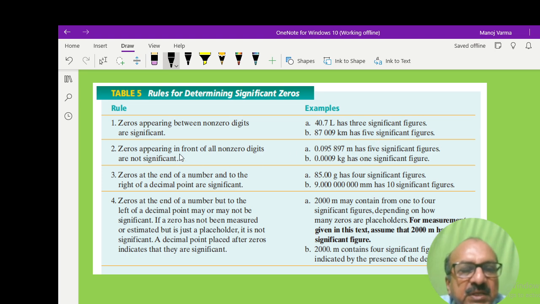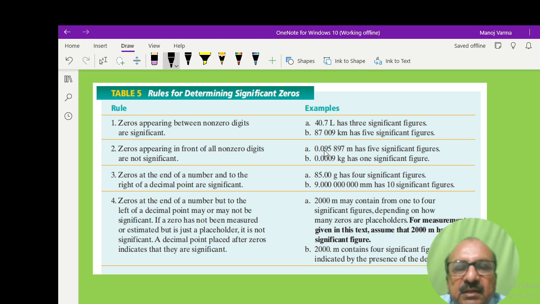Now, zeros appearing in front of all non-zero digits are not significant. So now look at these two zeros which are appearing in front, not in between, but in front of the non-zero digits. If these zeros are in front of the non-zero digits, then they are not significant.